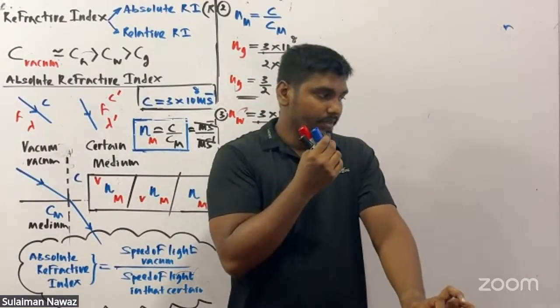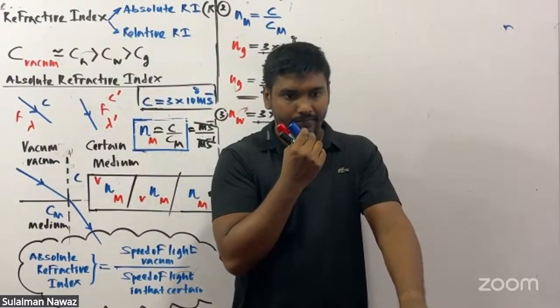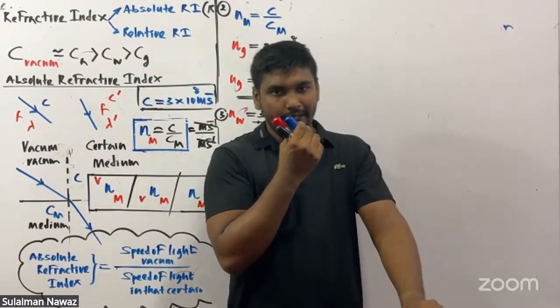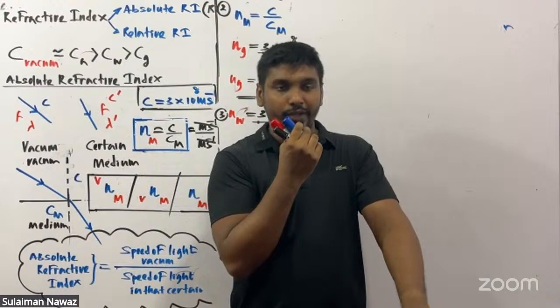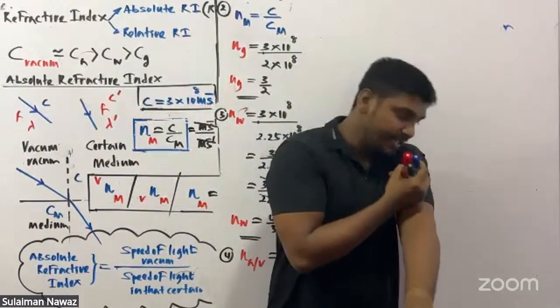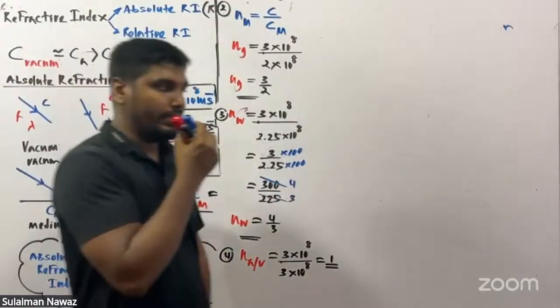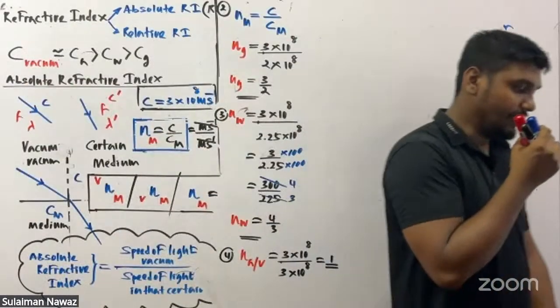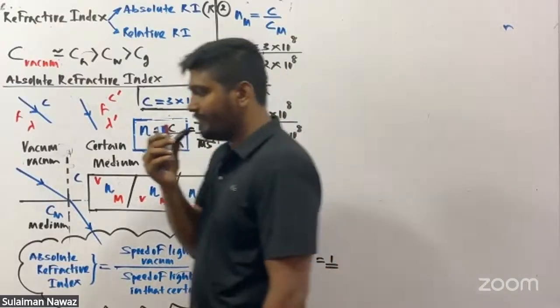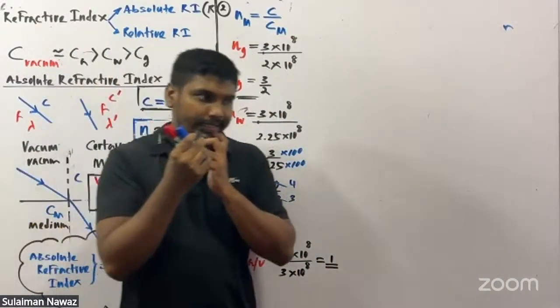Full stop. Therefore, speed of light in air is also equal to 3 into 10 to the power 8 ms minus 1.